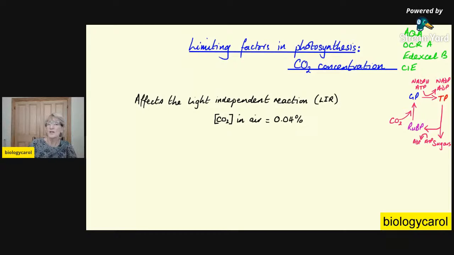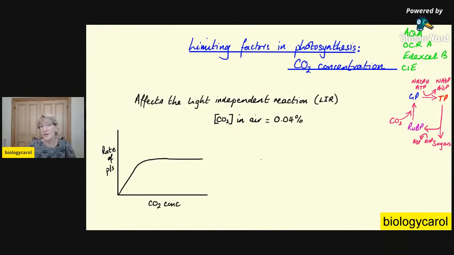So the concentration of carbon dioxide in the air is about 0.4%, and you probably should have that figure in your mind. So here is again the classic graph for the effect of concentration of carbon dioxide on the rate of photosynthesis. And again, logically, when there is no carbon dioxide, there is zero rate of photosynthesis.